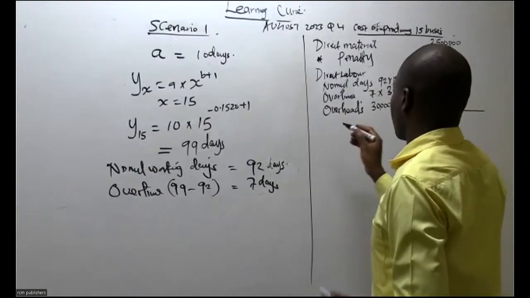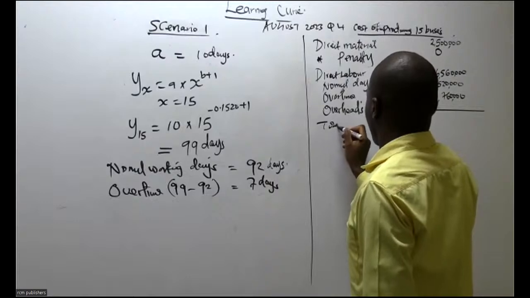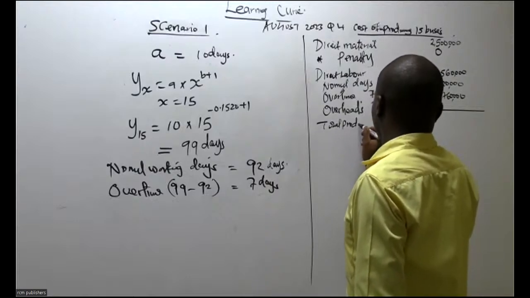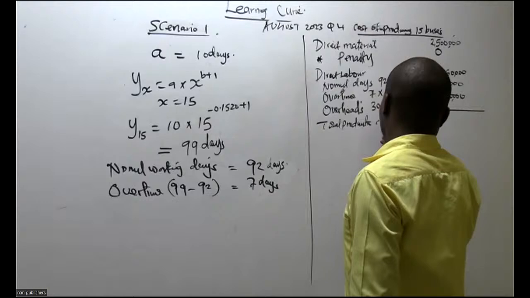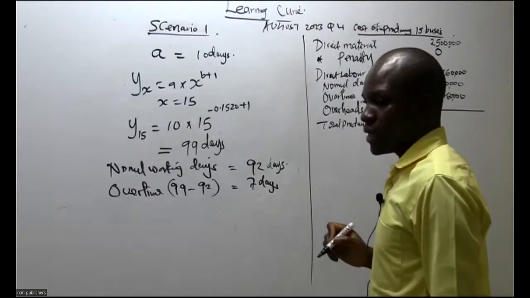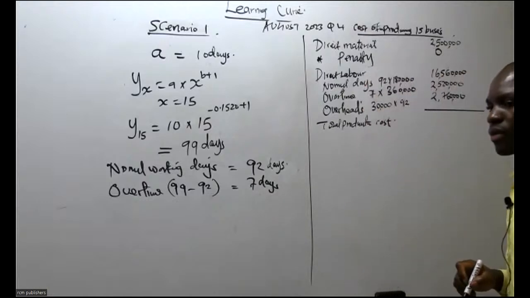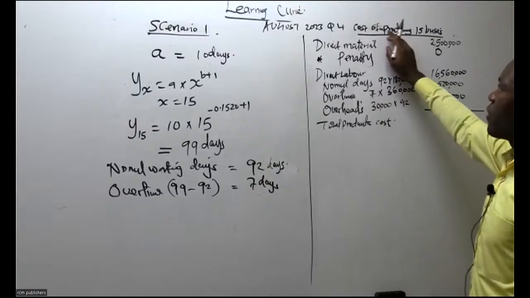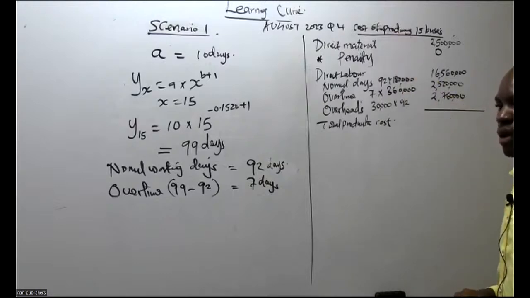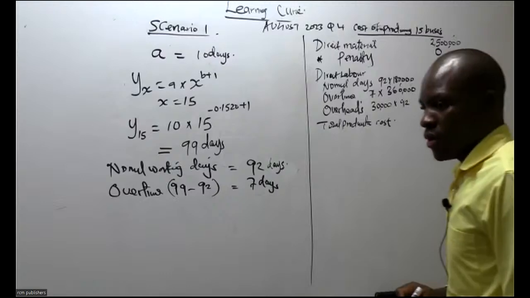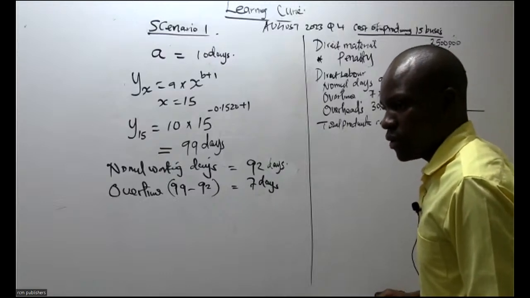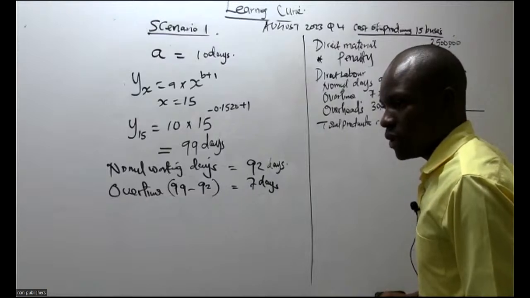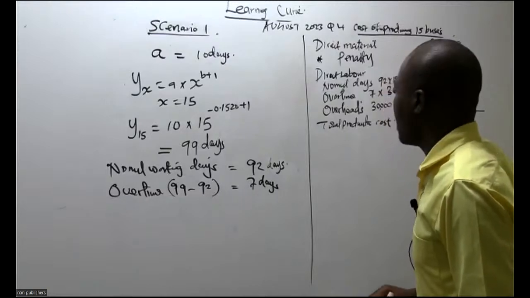So give us the total production cost of 15 buses under scenario 1. What will we have? Direct material of 2 million per bus.